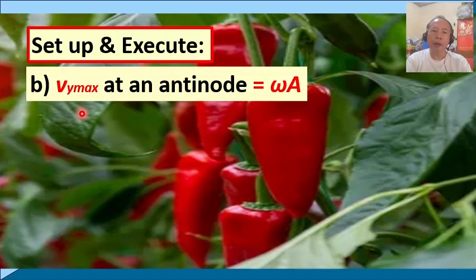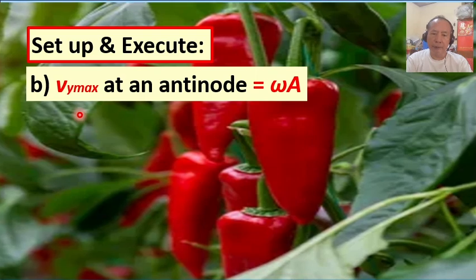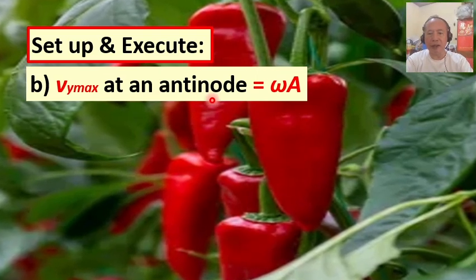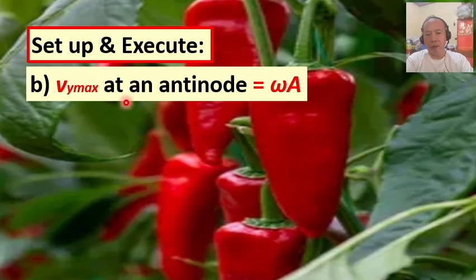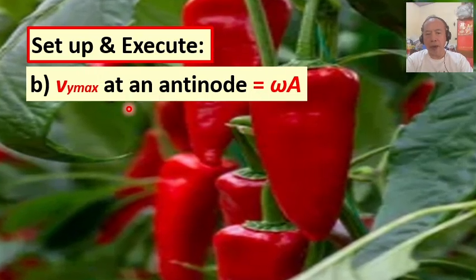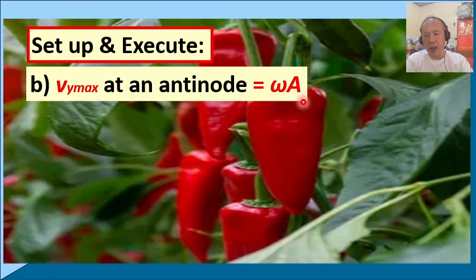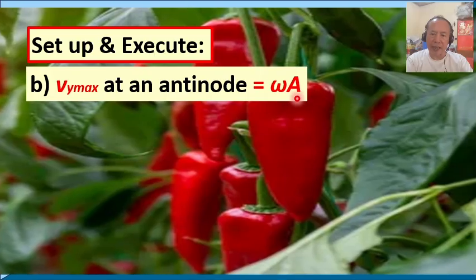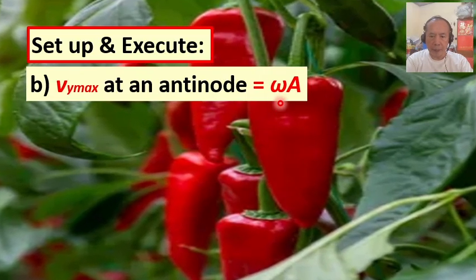All right. So from the preceding derivation of Vy max, we came up with this equation: Vy max at an antinode is just equal to omega times the amplitude A, or angular frequency omega times the amplitude of the wave.